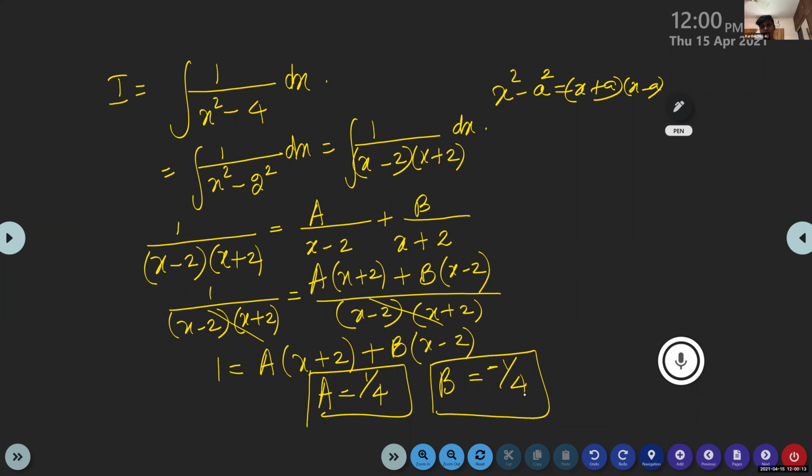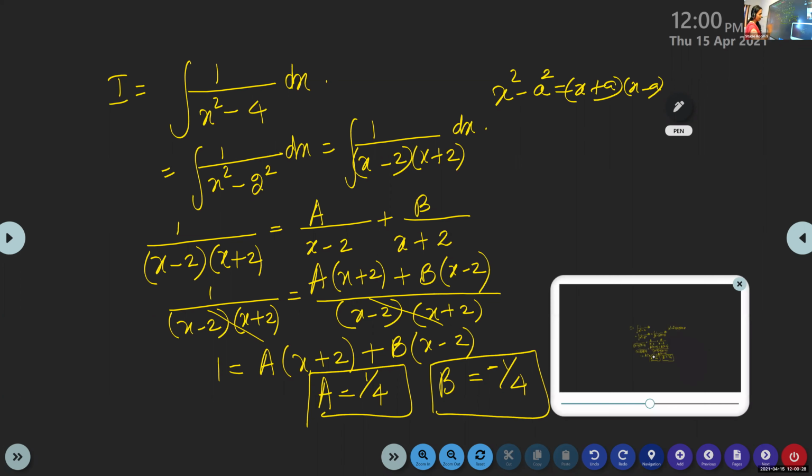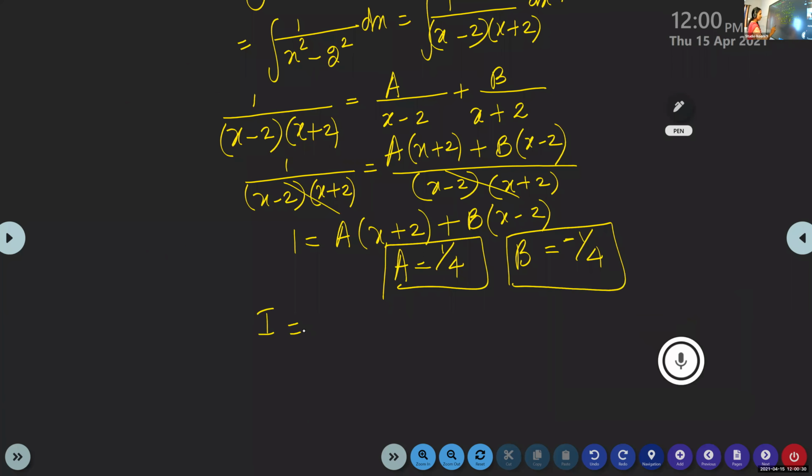Yes, ma'am. After finding a and b, substitute them in the given function. So I is the integral of 1 by 4 by x minus 2 plus minus 1 by 4 by x plus 2 into dx.